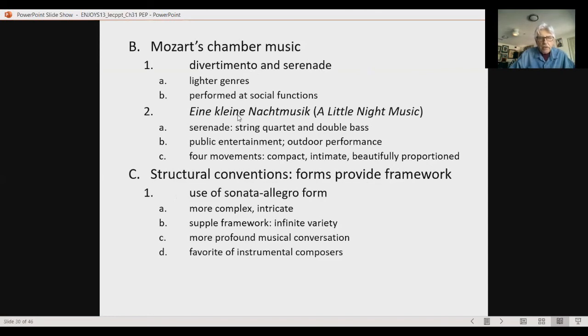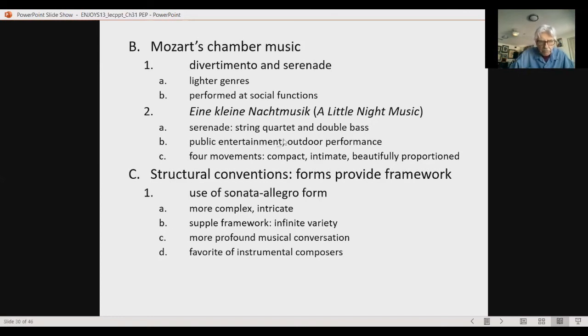We're going to sample music from his multi-movement cycle called Eine kleine Nachtmusik, a little night music. It's a serenade. A serenade is not for a concert so much as it's for social entertainment.